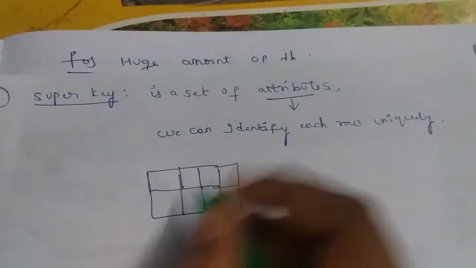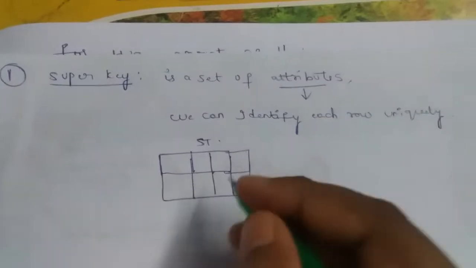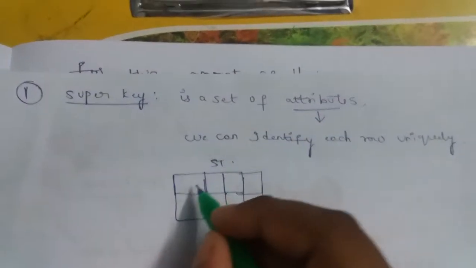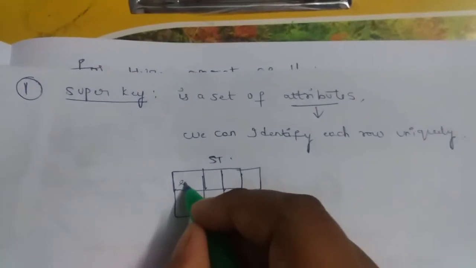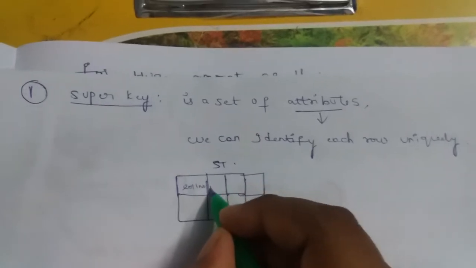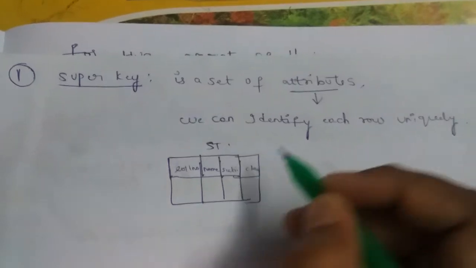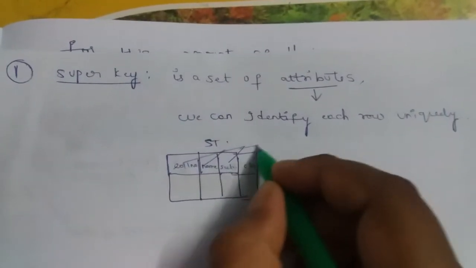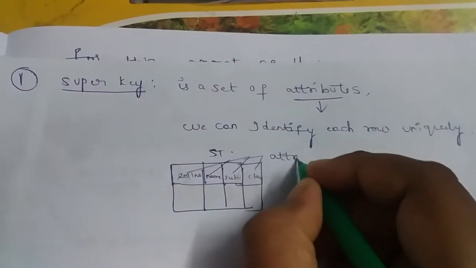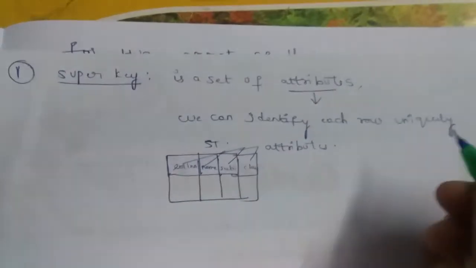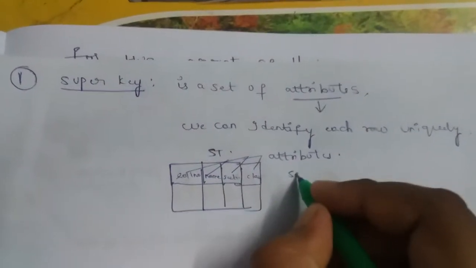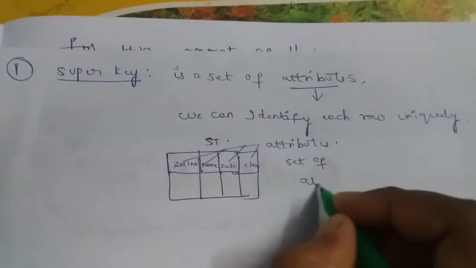These are all the fields. These are the set of attributes. For example, roll number is one, and name, section, class. All these four are the attributes, a set of attributes.